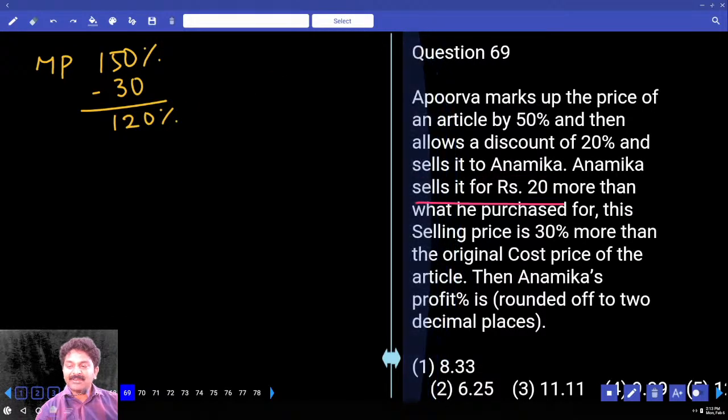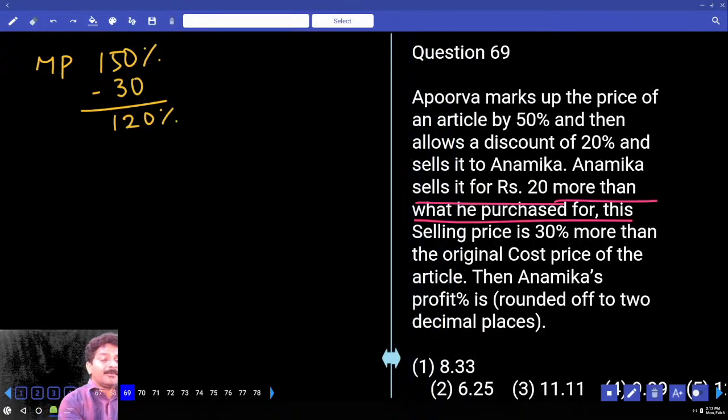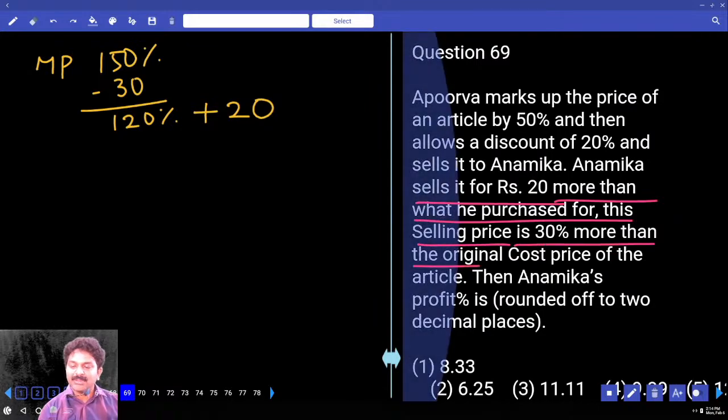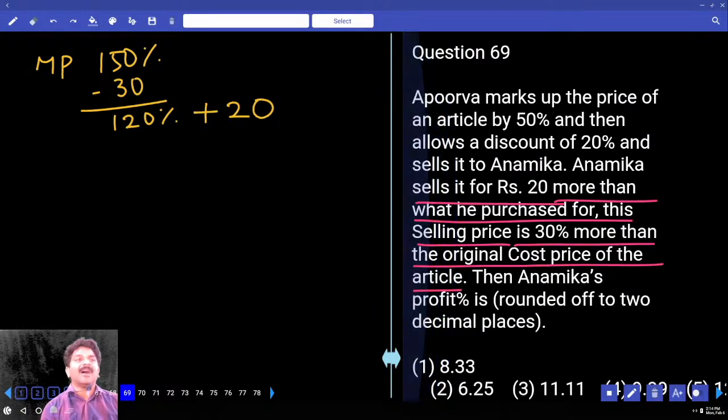Anamika sells it for 20 rupees more than what she purchased for. So now for Anamika, cost price is 120% and she sells it at 20 rupees more than the cost price. And this selling price is 30% more than the original cost price of the article.